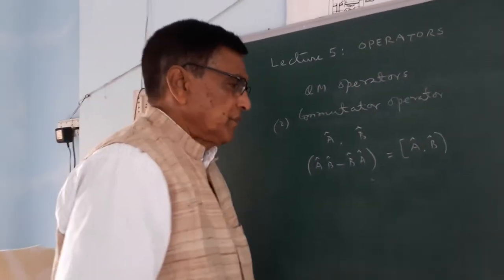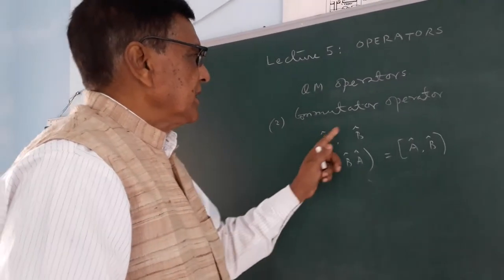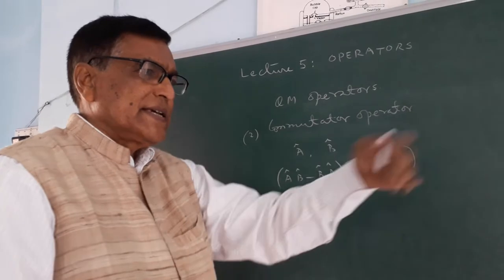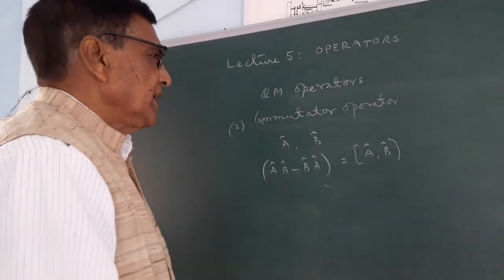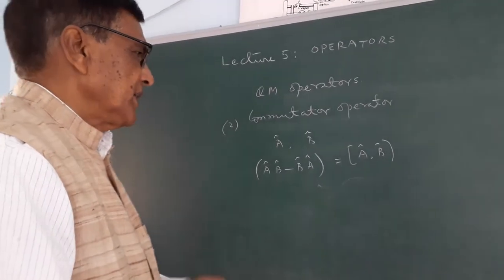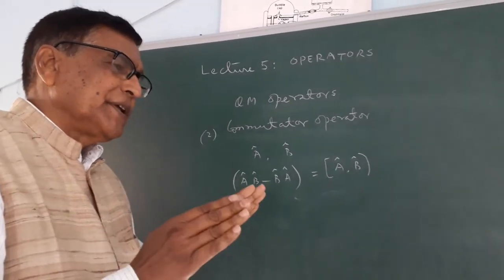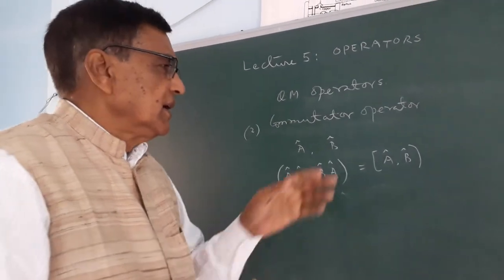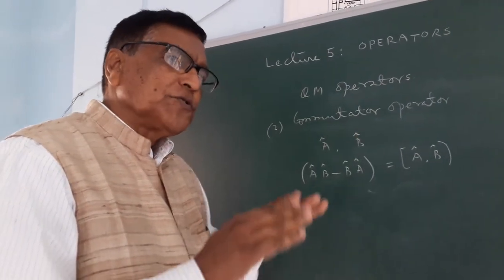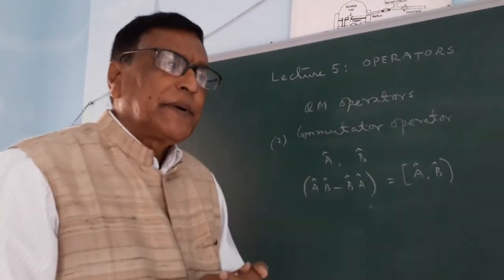We know that if the operators are linear operators, as I have stated, and they are quantum mechanical operators, then A cap will represent one physical property and B cap will represent another physical property.